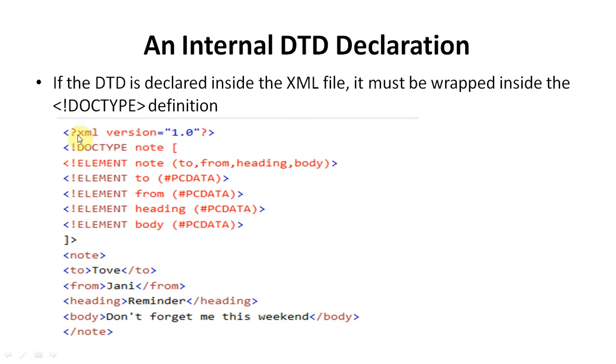So this is the XML program: XML version 1.0. Then we write doc type and then note. The name of the DTD is note, and it is started by a square bracket. Then we have written the element keyword, which starts with an exclamation sign.